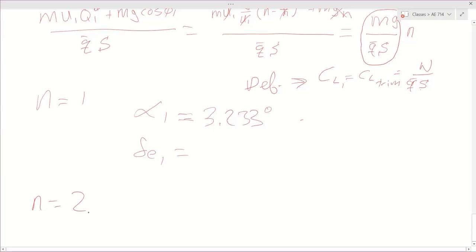We're not agreeing on the load factor equal 1. So on Zoom, what were you saying you got for elevator? Say that again. I got 0.0377.